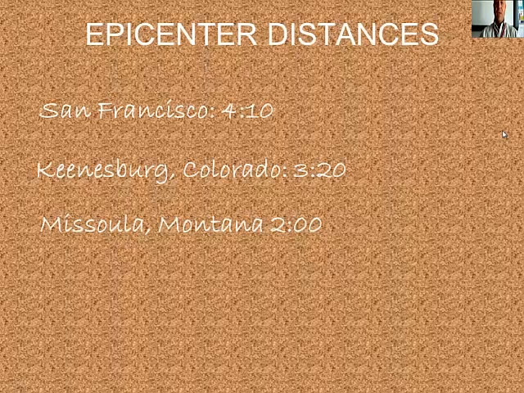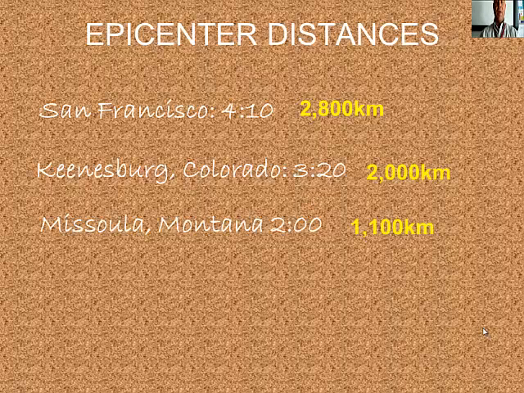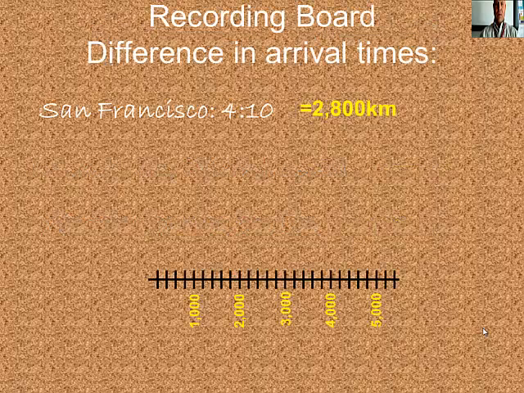So, for example, let's say we have San Francisco at 4:10, Kingsburg, Colorado reads 3:20, and Missoula, Montana is 2 minutes away. We go through the chart and determine how far away: San Francisco is 2,800 kilometers, Kingsburg happened to be 2,000, and Missoula was 1,100 away from that epicenter on our chart.